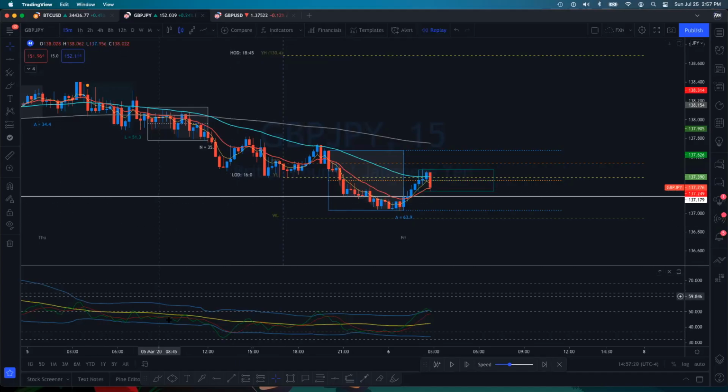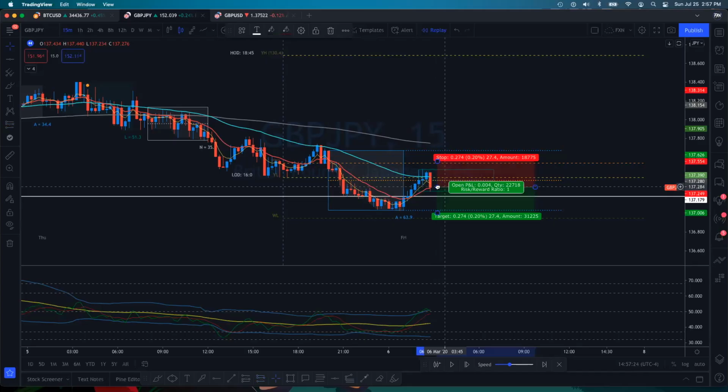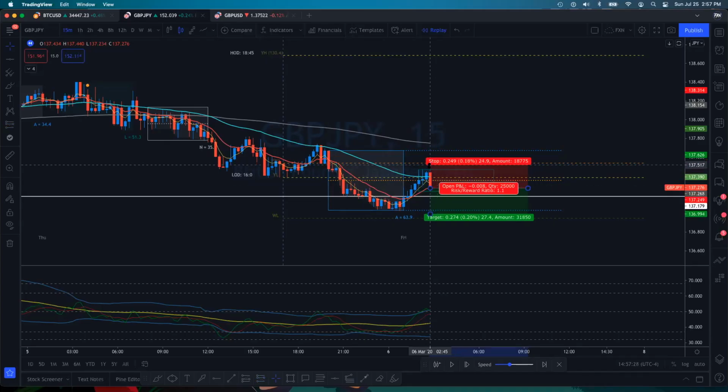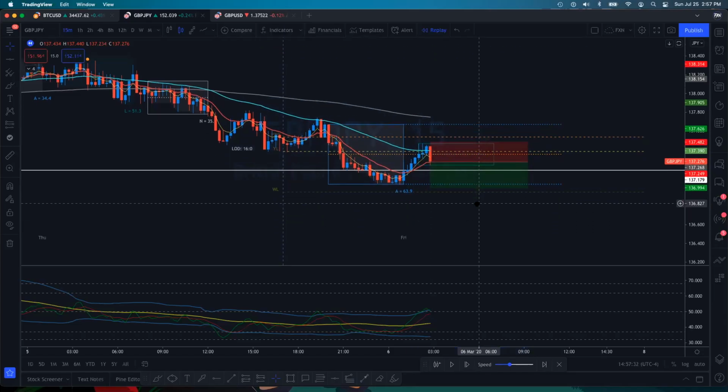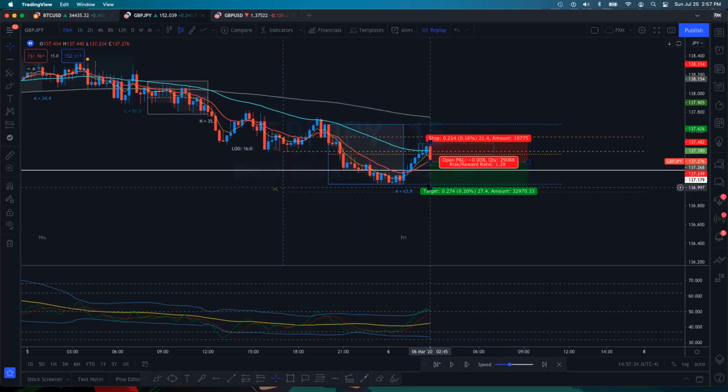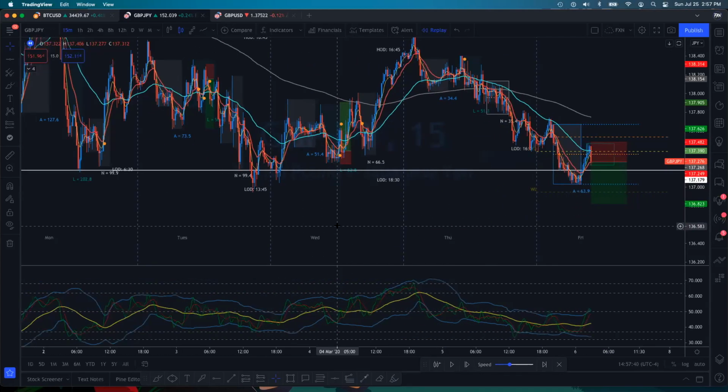All right, so we need a pullback. So what would this look like? Just what does it look like now? So yeah, now it's a 21 pip stop loss. That's really tight too, by the way. And then you need something like that, right?